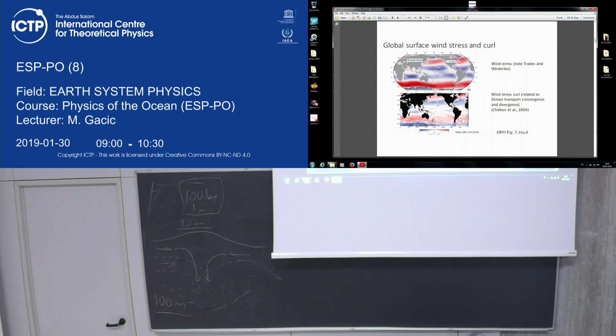One is the differences in temperature and salinity, or mainly temperature, between the polar and equatorial areas, which is the thermohaline circulation. The thermohaline component of the world ocean mean circulation. And the other one is the wind-induced long-term circulation of the world ocean.